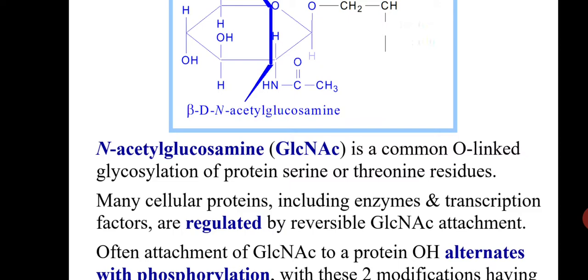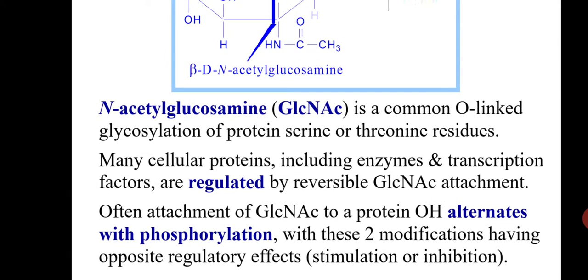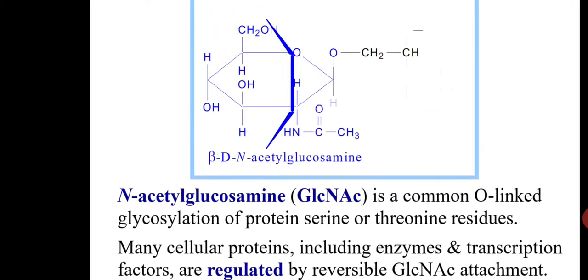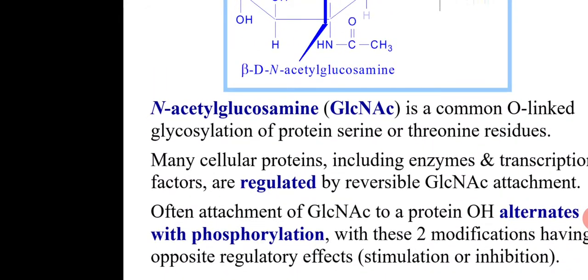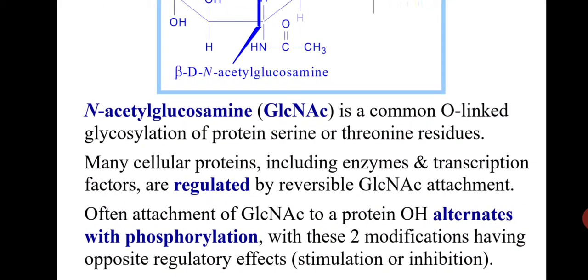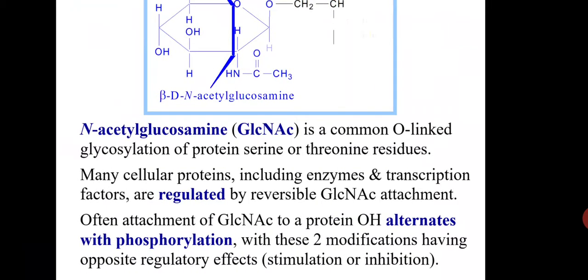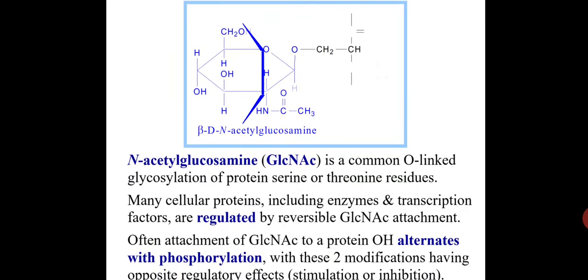Many proteins, including certain enzymes and transcription factors, are regulated by this GlcNAc attachment, we can say N-acetylglucosamine attachment. The attachment of GlcNAc with this OH group has certain regulatory effects, right? Stimulation or inhibition. So don't forget this O-linked association.